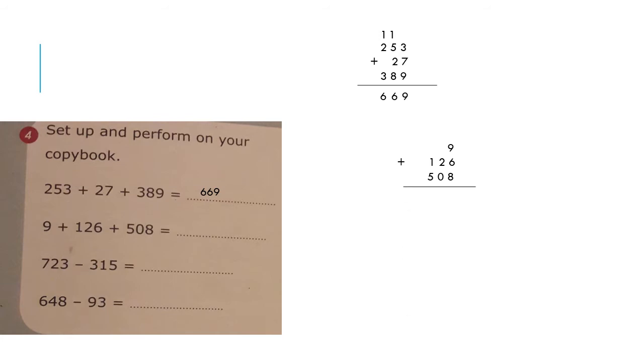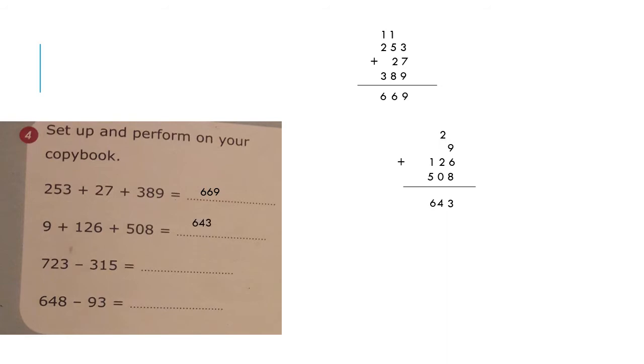Okay. 9 plus 6, 15. 15 plus 8, put 15 in your mind and count 8 on your fingers. 15 in my mind, 16, 17, 18, 19, 20, 21, 22, 23. I write 3 down and I give 1 to the tens. Now I add 2 plus 2, 4, 4 plus 0, 4. 1 plus 5, 6, 643.